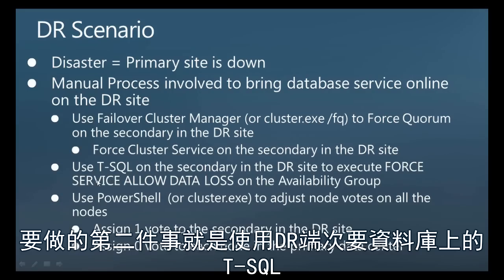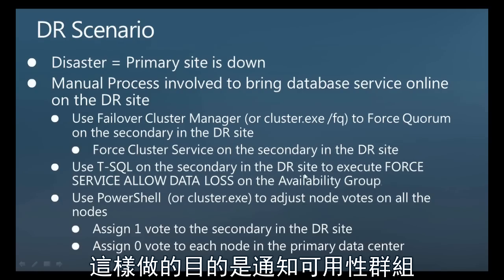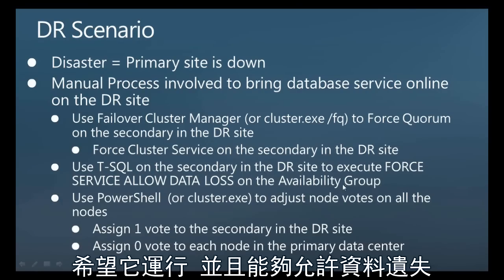The second thing you want to do is use T-SQL on the secondary in the DR side, which is already up, to execute force service allow data loss on the availability group. Basically you're telling the availability group, I want to be running and I can afford the data loss.